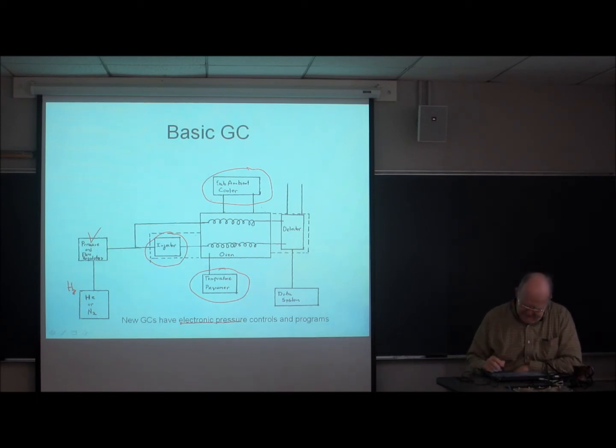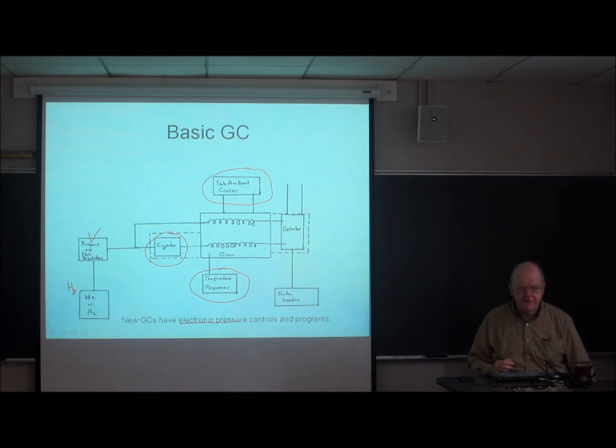And then the sample gets pushed out of the column by the flow of the carrier gas, and then over to a detector. And we won't talk about detectors until the very end of the semester. In gas chromatography, there must be easily 20 different kinds of detectors that are used.